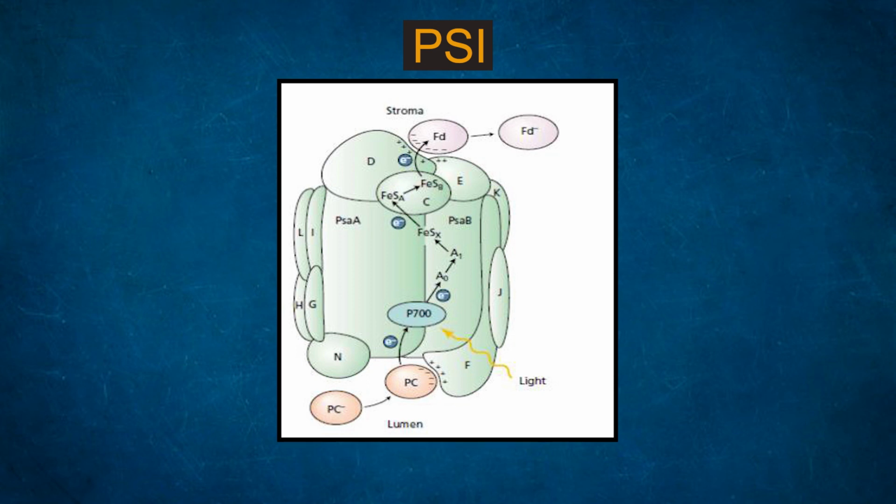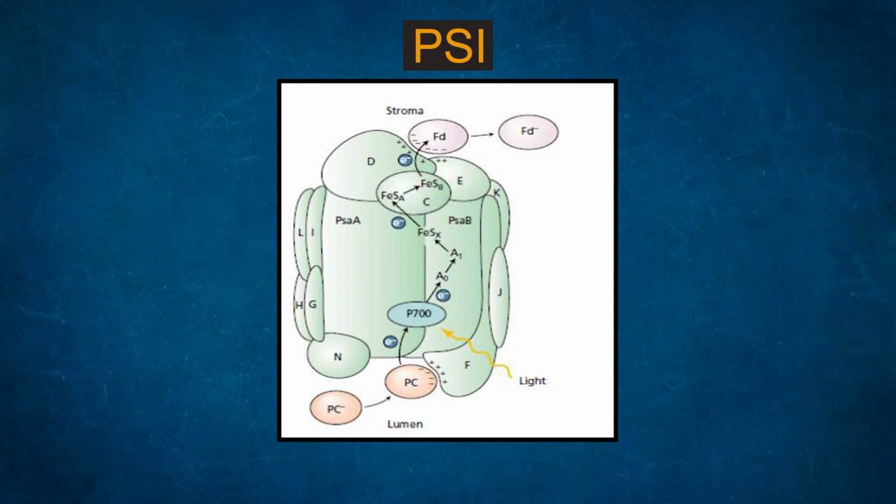So, now the plastocyanin is transferring this electron to the oxidized P700+. From P700, the electron flows through a series of electron transfer reactions, mainly A0, A1, and then it moves towards the iron sulfur proteins and finally towards ferredoxin.